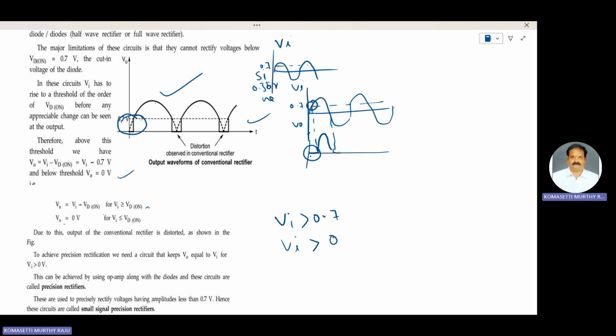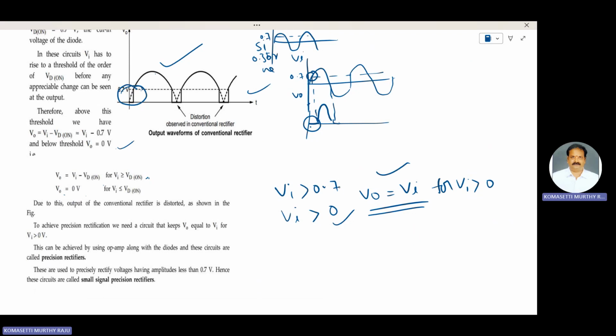That is called exact rectification, that is called precision. This is very, very important. Without any distortion, whatever the input is, that input appears at the output. Instead of 0.7 volts, the diode conducts for Vi greater than 0, in the positive going cycle.